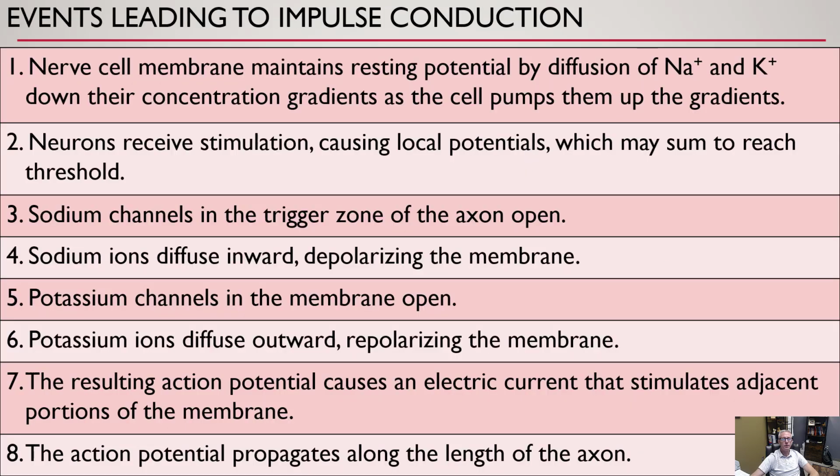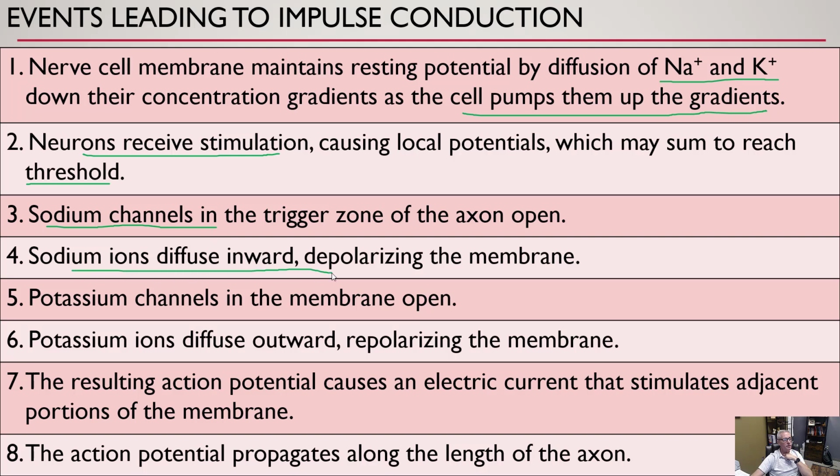All right, so here is a summary slide of what happens. That nerve cell membrane, we have sodium, potassium moving by their regular concentration gradients, facilitated diffusion. That neuron receives a stimulation. We reach threshold. Sodium channels open up, those voltage gated channels open up.